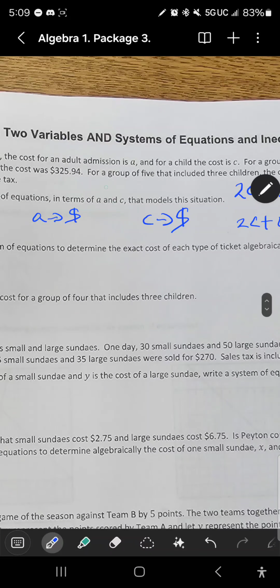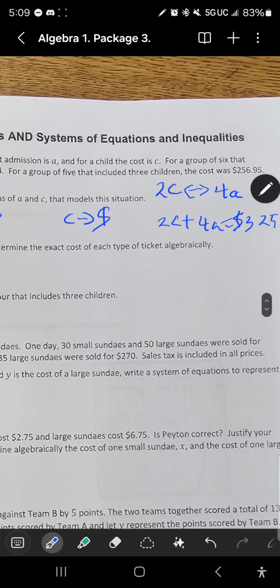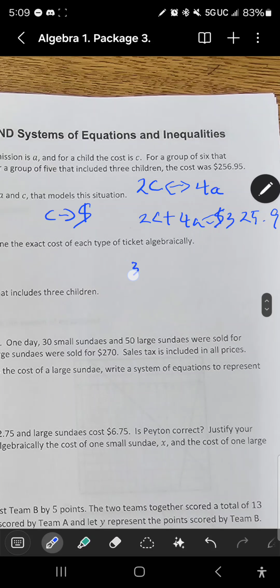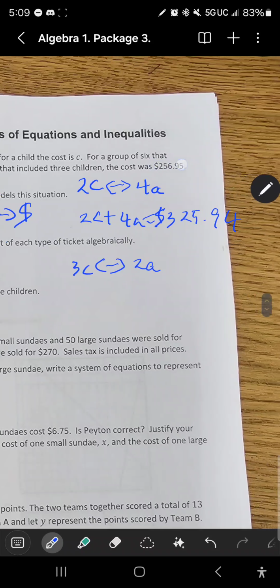Now, let's see the second equation. For a group of 5 that includes 3 children, so now we have 3C, and it is a group of 5, so 5 minus 3 is 2, and we get 2 adults. The cost was $256.95.